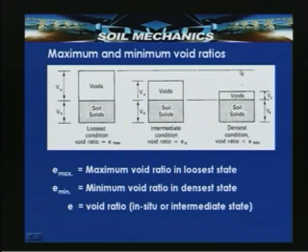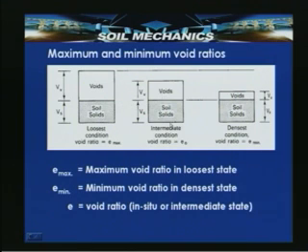The decrease in volume of voids represents the range over which a particular soil can have maximum and minimum void ratios. For example, an intermediate condition in which the soil is found in its natural state, or compacted while placing, can have an intermediate void ratio between maximum and minimum void ratio.